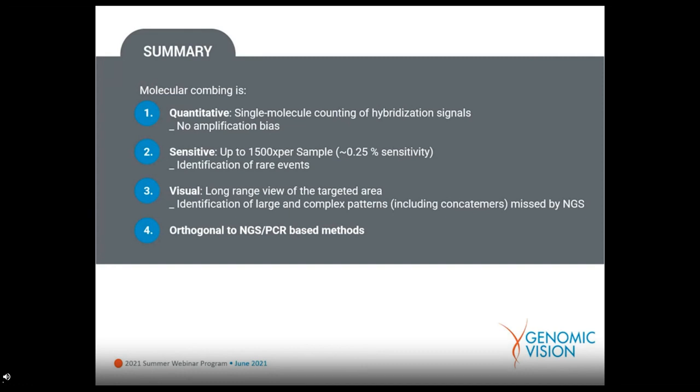It is a visual method, and this is really key for molecular combing because it allows a long-range view of the targeted area. And this will help in identifying large and complex patterns, including concatemers, like I showed in the example during my presentation. And this type of complex structure is usually missed by next generation sequencing. And lastly, it's really an orthogonal method to NGS and PCR-based assays.